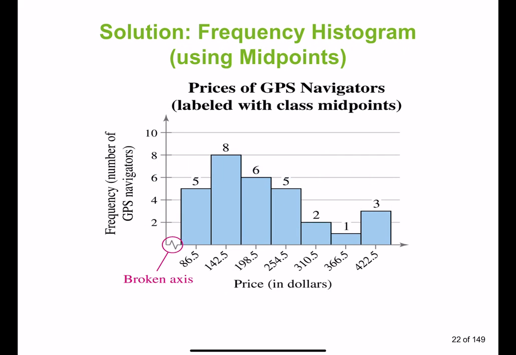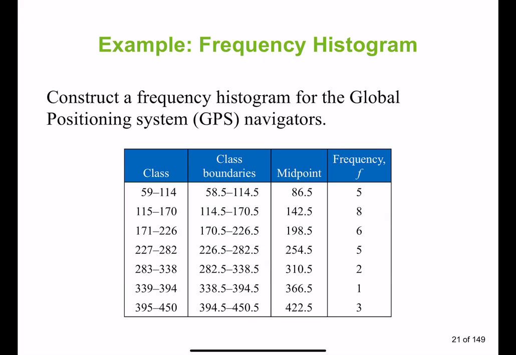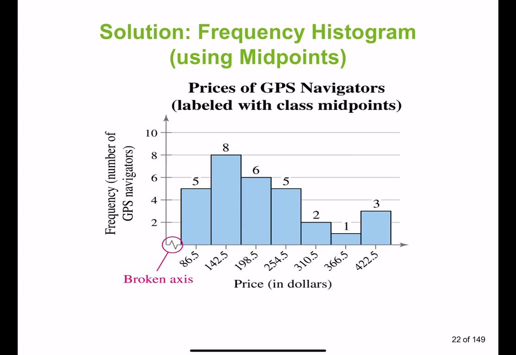Here it is. With midpoint 86.5, we have frequency 5 GPS. Let me go back. Only 5 with midpoint 86.5, 8 with midpoint 142.5. If we look here, 86.5, we have 5 of them, 142.5, we have 8 of them, and so on. 198.5, a total of 6 of them.